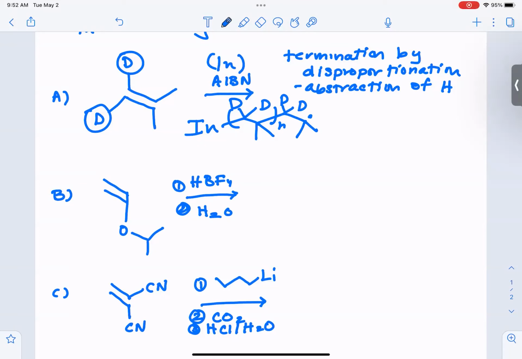So when you abstract the hydrogen, one product that I showed you had a double bond in it. And so there you're abstracting a hydrogen, and you'll get that product. Let me fix my double bond. My methyl group, I mean.